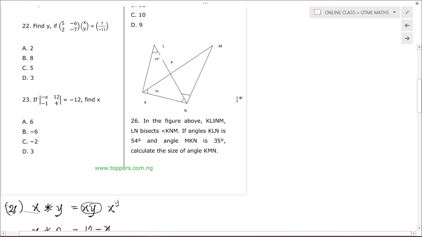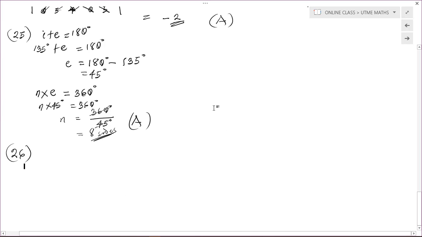Okay, now let's go there. From what we have there, we have this and we have this. This joins this together and this line bisects this angle, where this one also is drawn to join this line.